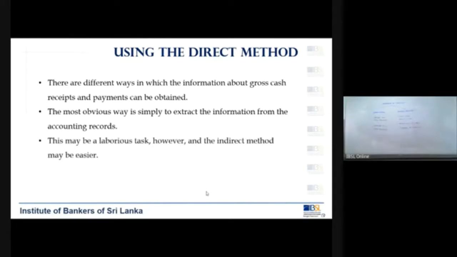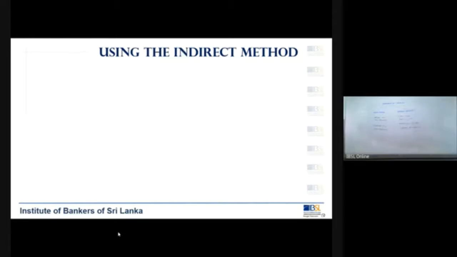That is not easy. Going through all your accounting records is very difficult. So that is why people opt for the indirect method, because the indirect method is easier: you just start with the profit or loss and adjust for the non-cash activities. Now, identifying the non-cash activities will be the biggest challenge.